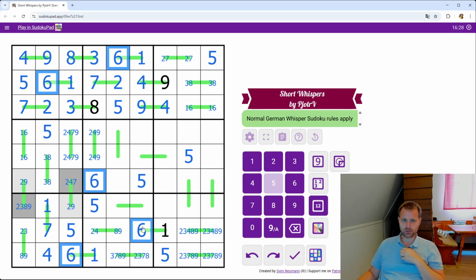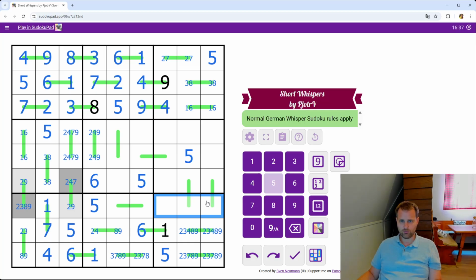The sixes are somewhere here. Let me see.